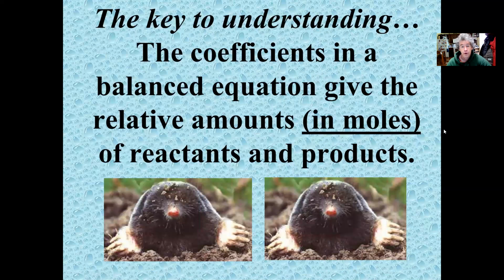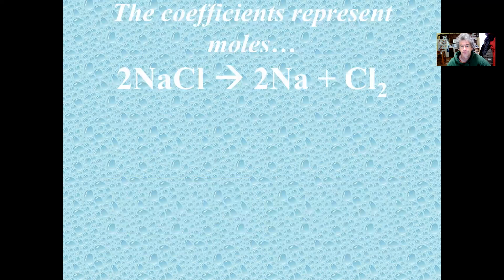Now, when we're thinking in terms of chemistry, really the key to this is balanced reactions and looking at the moles, both in the reactants and the products. So when you have a balanced chemical equation, the coefficients of that equation represent the moles.